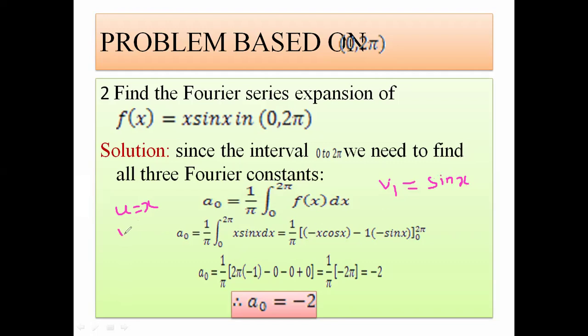Now u dash, you differentiate, you will get 1. u double dash, you differentiate, you get 0. v1, you integrate, so v1 is equal to minus cos x. v2 equals the integral of v1, integral of minus cos x dx.